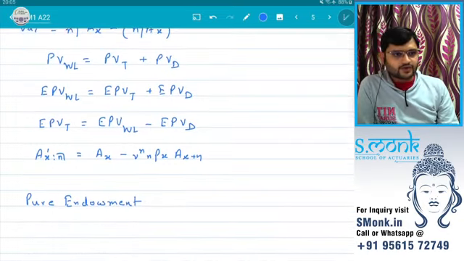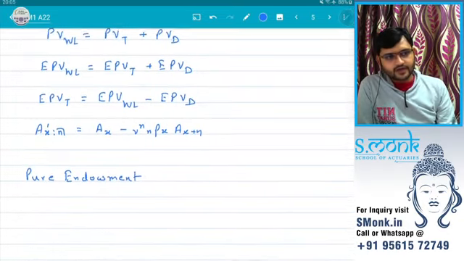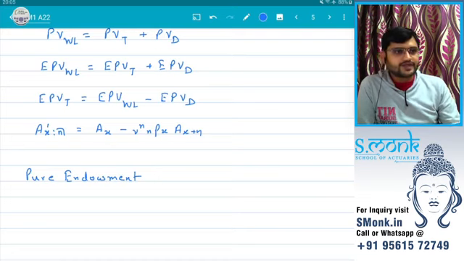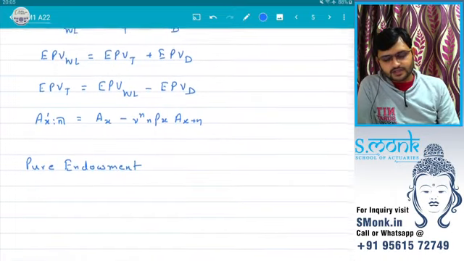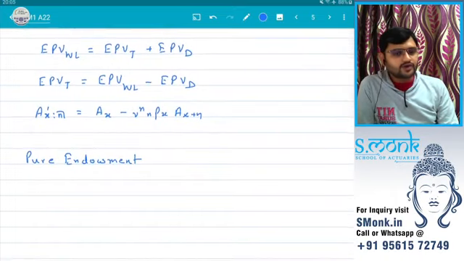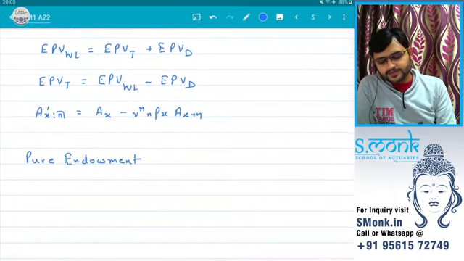Let's take pure endowment. Again, benefit given at the end of the year of death. But in pure endowment, we do not consider the death part. In pure endowment, we consider if the person survives.